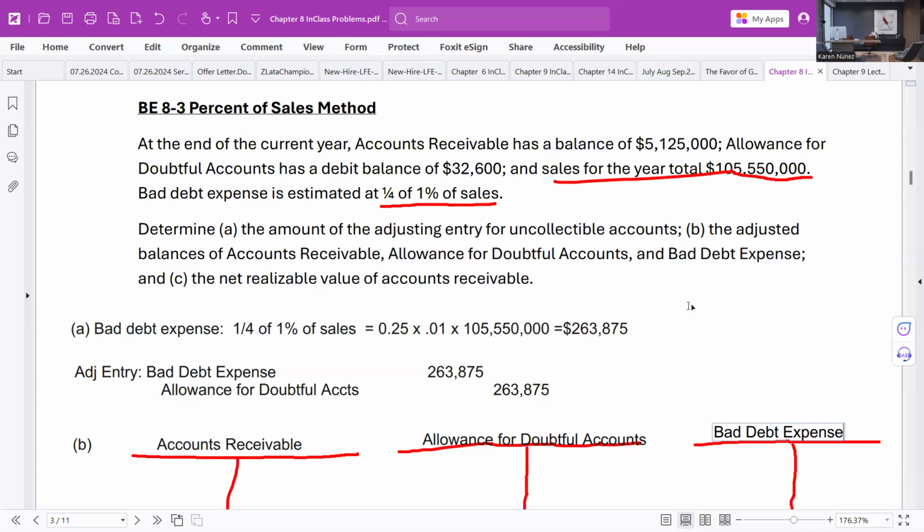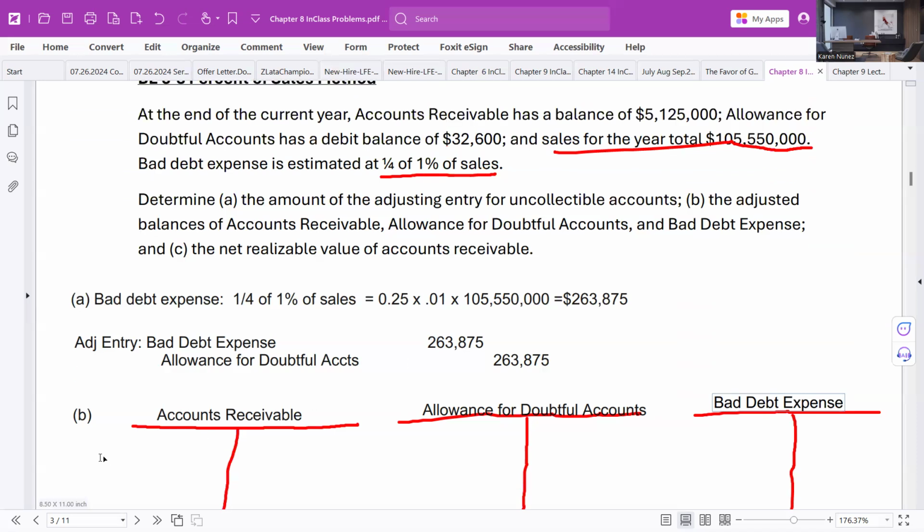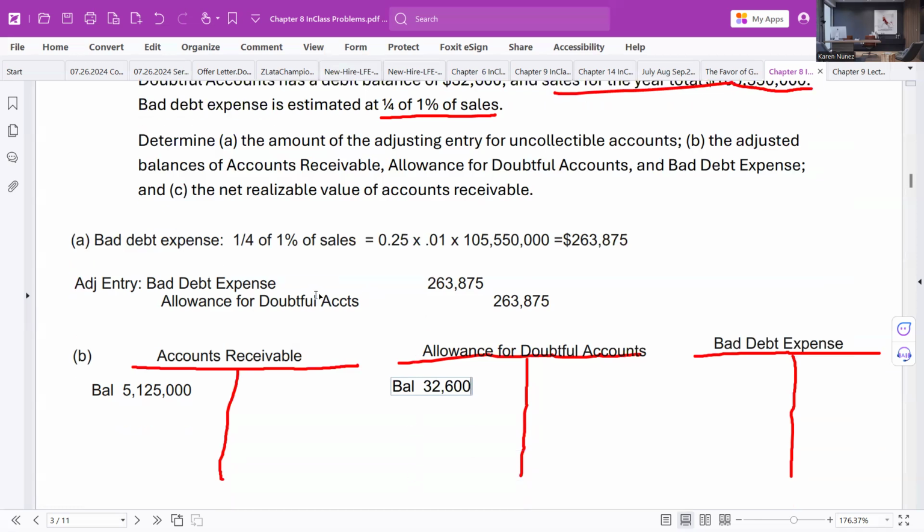What do we know about those accounts? Accounts receivable has a balance of 5,125,000. That's an asset, and assets normally have debit balances. The allowance for doubtful accounts has a debit balance of 32,600.